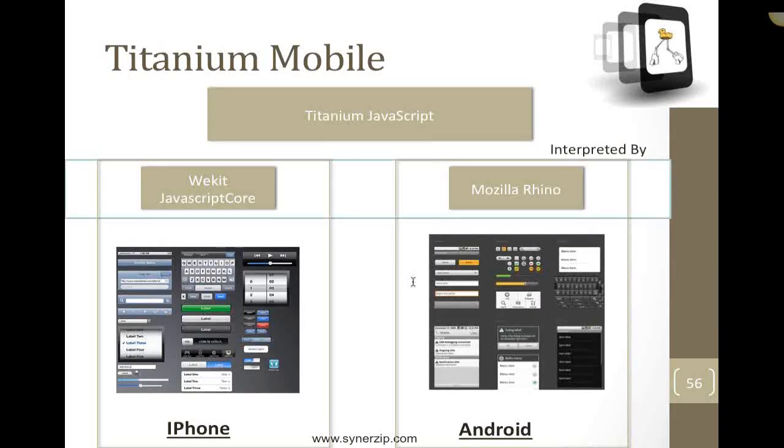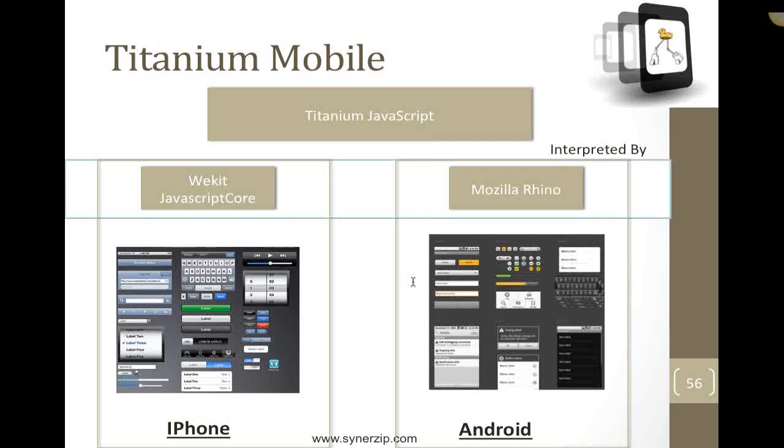The application which you write uses JavaScript, and it also uses the Titanium APIs. It runs on a WebKit JavaScript core interpreter on iPhone and forwards the call to iPhone native. And it runs on Mozilla Rhino on Android and forwards the call to Android native. That's how things work with Titanium.